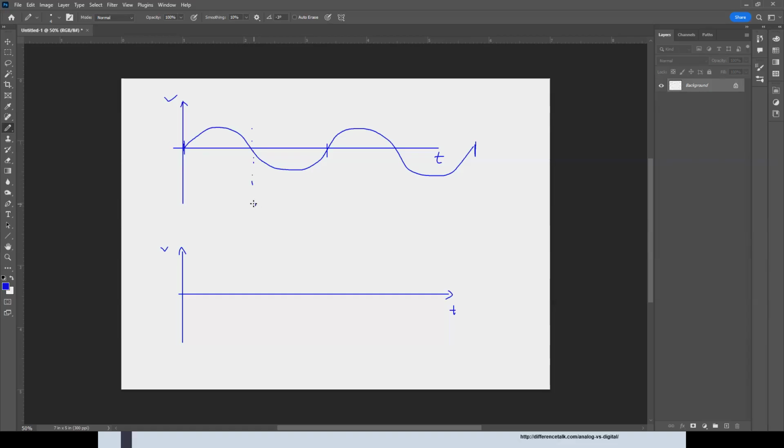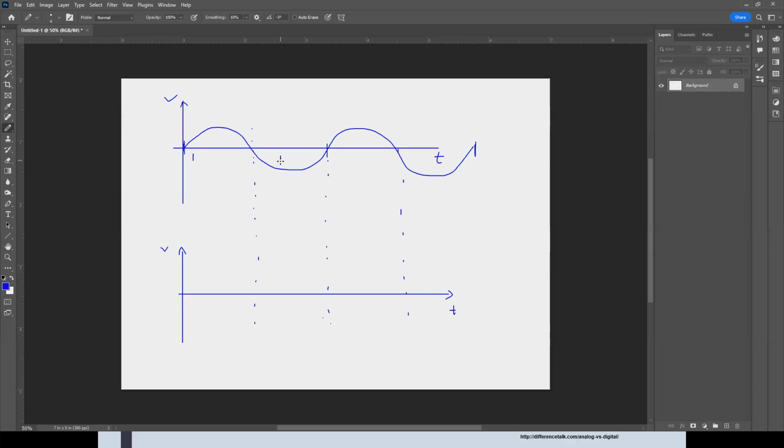So let's just bring this thing here, and right here. All right. So let's say we're going to start sampling this thing from here, and half of the cycle will be somewhere here. So let's just have longer than half of the cycle.